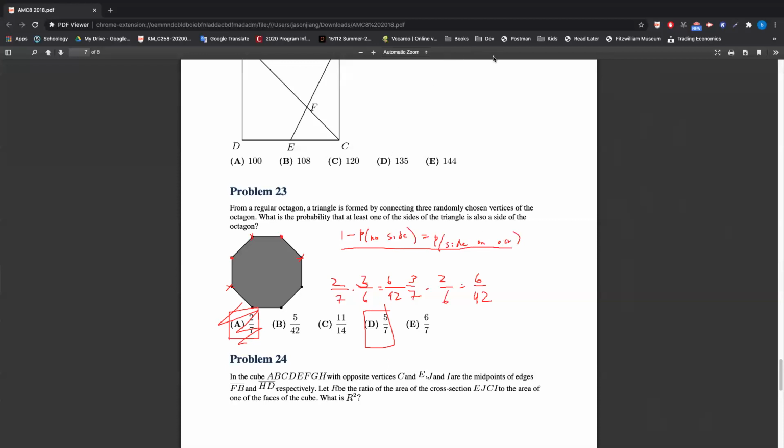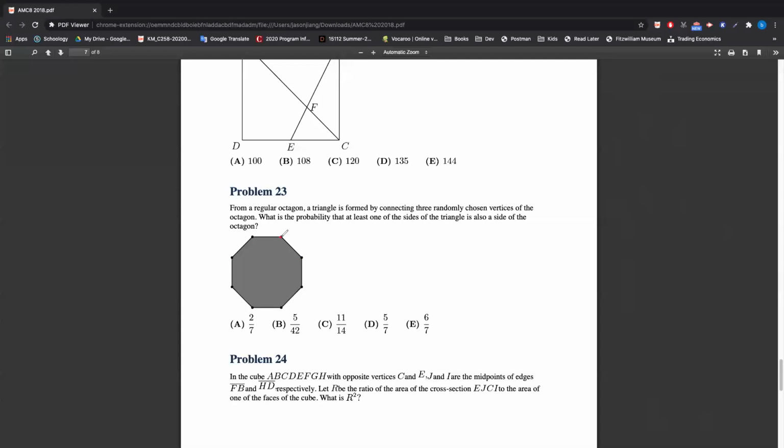I'll ask if there are any questions first. Okay, I'll talk a little bit about why this method is better than going through all the cases.